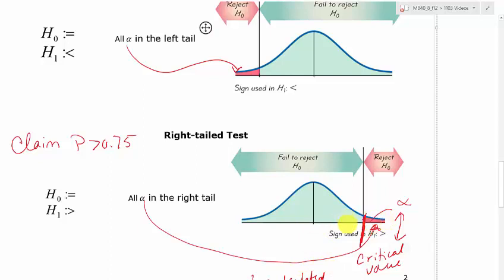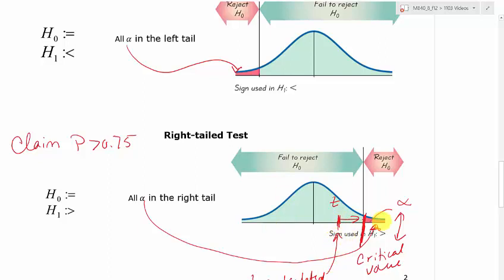Let's just pretend that we calculated it and it was right here. The p-value is the area from your sample statistic out to the edge. So if you have a right-tailed test, it would be the area from this test statistic out to the edge.